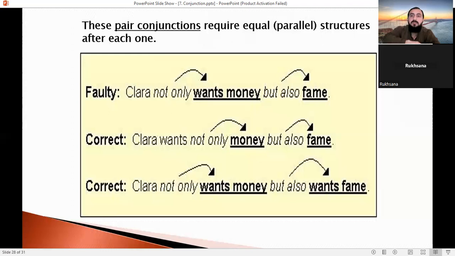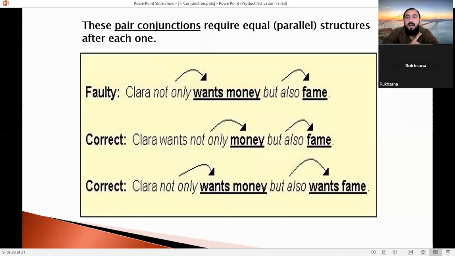I'm a little bit confused about parallelism. What is this? How could a sentence be parallel? Parallelism is actually all about conjunctions. I'll teach you parallelism, it's a very deep topic. We have to use parallel or similar grammatical terms on both sides of the conjunctions.